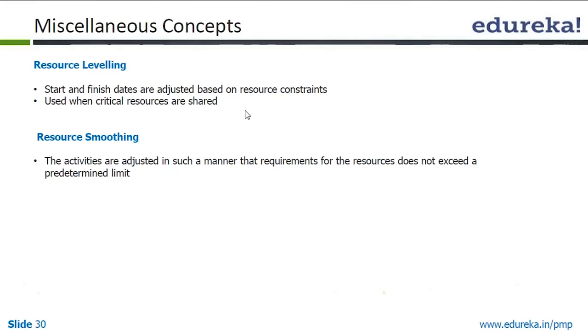Now in those cases what you do is you smooth the resource by reducing it to 8 hours and spilling it over to the next day. What happens is the start and end date of the activities changes, and this might have effect on the overall project scenario. So you need to look at how you can do it, and that's why manual and automatic both together, a hybrid model, is the best way of doing it. So you do an automatic what-if analysis and then accordingly make necessary changes.